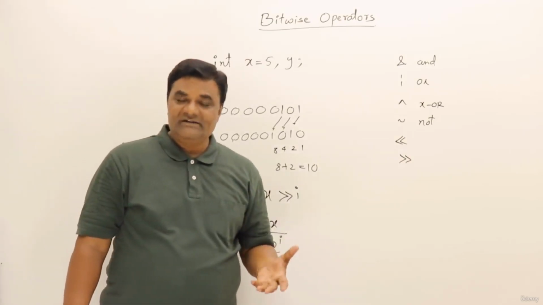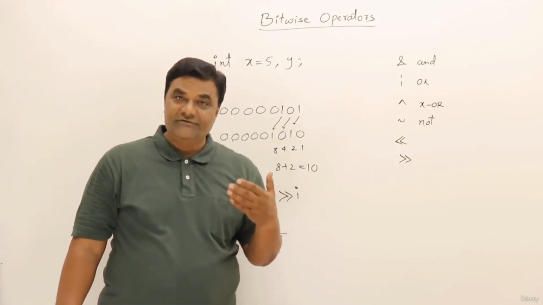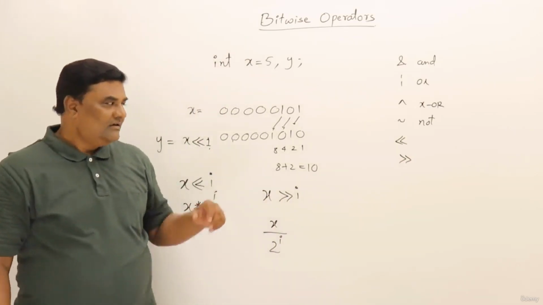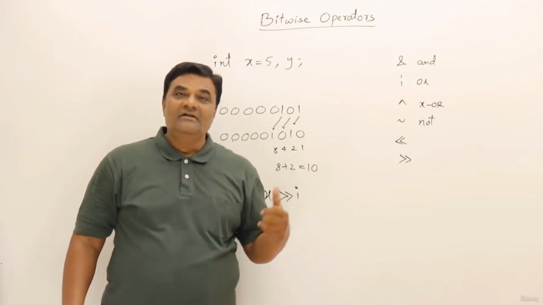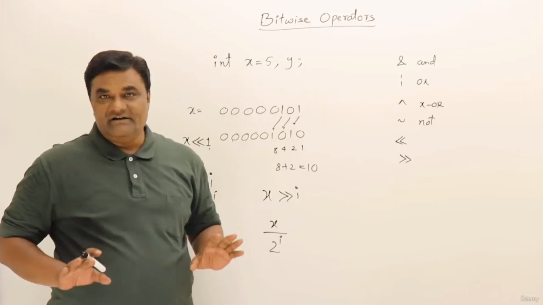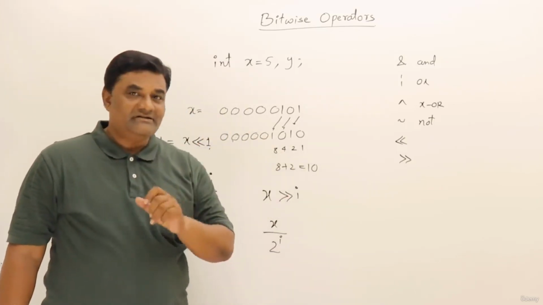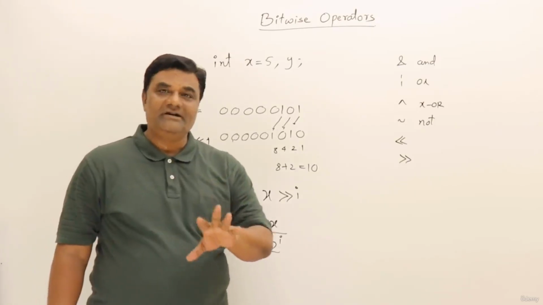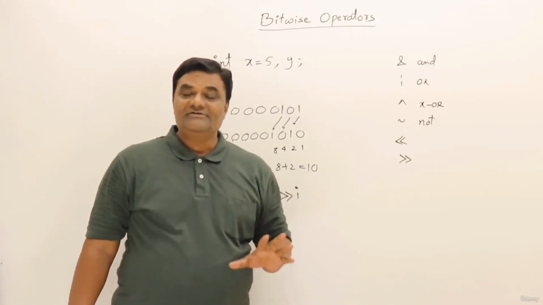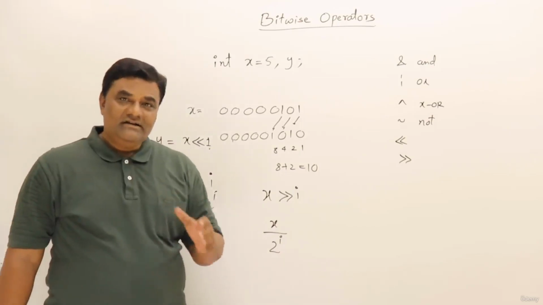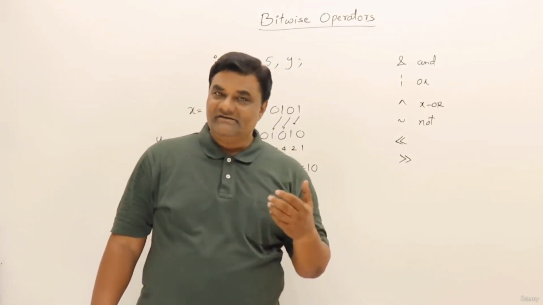If it is done by 2 places, then it is divided by 4, it will convert into a quarter. But one thing you remember here, sign bit is not included. The most significant bit, if the number is negative, it remains negative only. If it is positive, it remains positive only. Sign bit is not disturbed in left shift and right shift operations. Let us see this practically by writing some program.